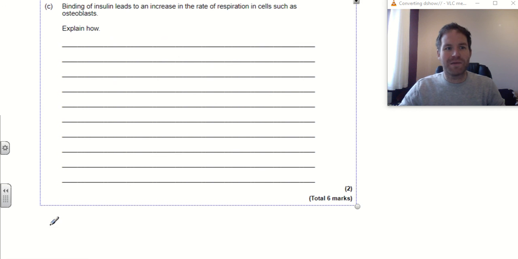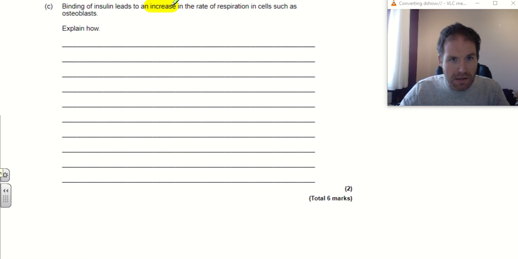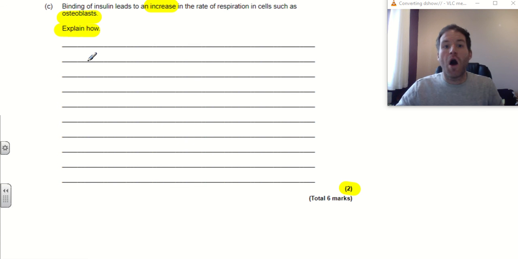Next question. Binding of insulin leads to an increase in the rate of respiration in cells, such as osteoblasts. Explain how. It's worth 2 marks. Now this takes us back to our understanding of what happens when we release insulin.